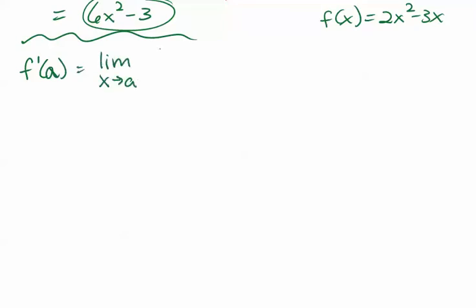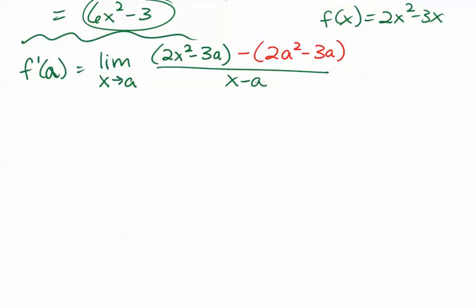So first we're going to take f of x, and then we're going to subtract f of a, all over x minus a. And we know what has to cancel here.